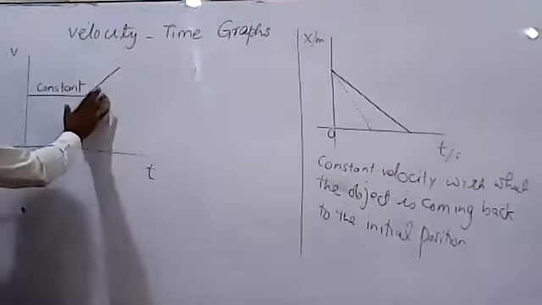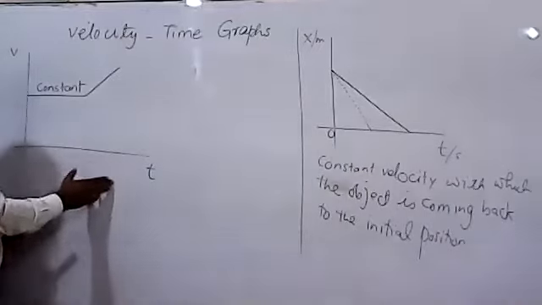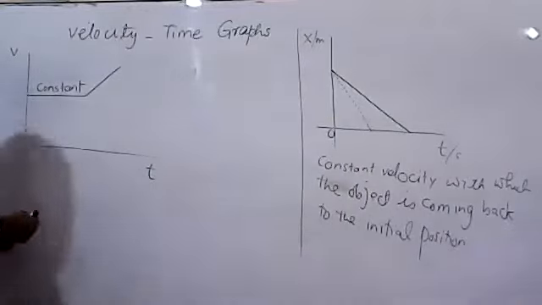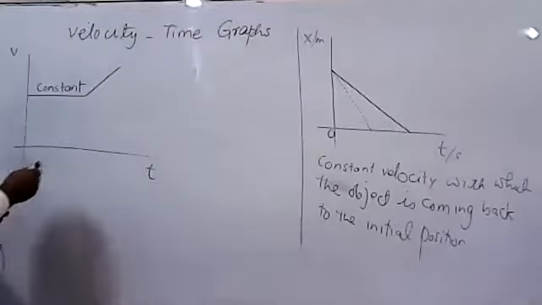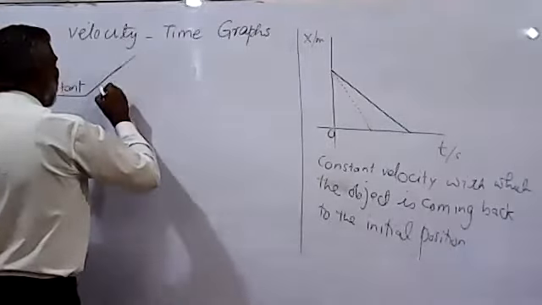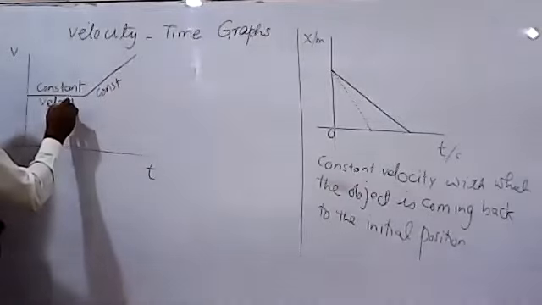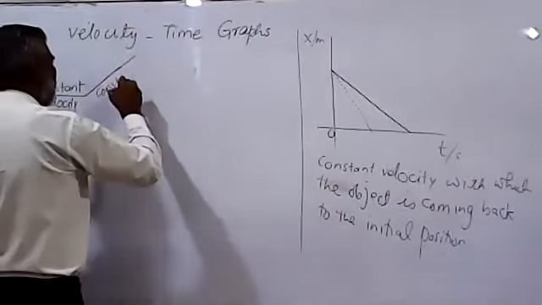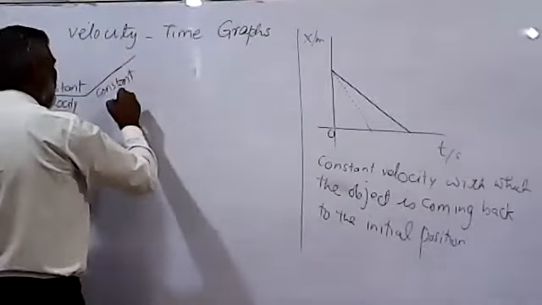The curve which was on the happy face, that was the constant acceleration, and on the velocity time graph it's a straight line with a non-zero gradient. So this is increasing velocity or constant acceleration. This is constant velocity, but this is constant acceleration.